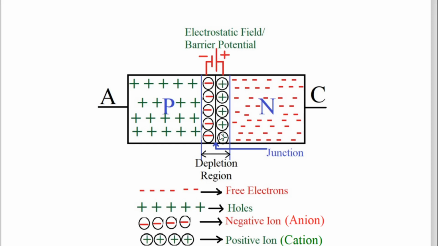Because all these atoms lost the electron, and upon losing the electron, their negative charge is decreased, meaning positive charge is increased, and they have converted into positive ion, and these atoms converted into negative ion. If you understood this, then you have understood the formation of barrier potential.